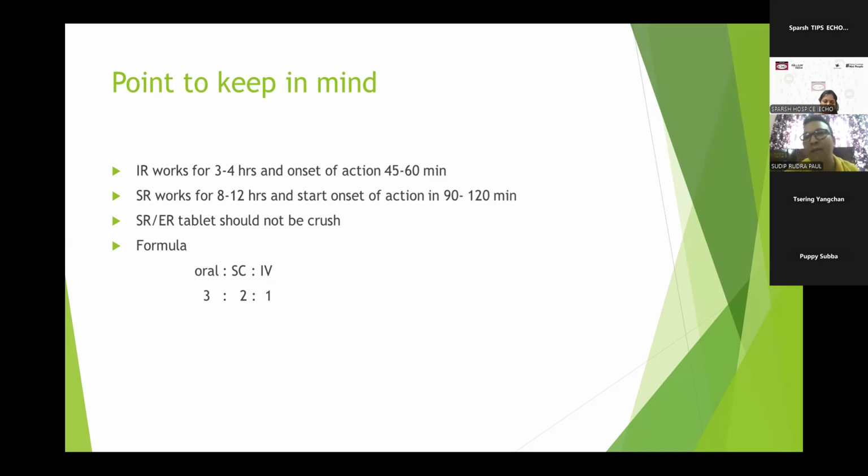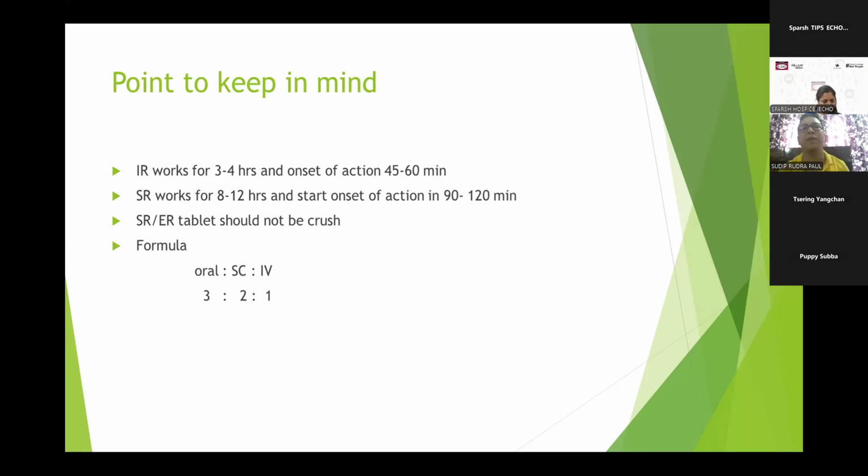In that condition, if I try to give SR, I might give 30 mg TDS, because it also works for 8 hours. We can give it 8 hourly. In the meantime, we have to give 15 mg IR for SOS pain, because for SOS pain we cannot give one more SR. We have to give IR only.